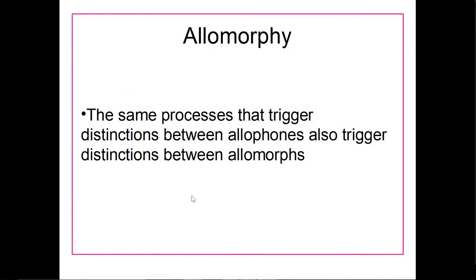So allomorphy is when, just like when we have allophones, those processes that trigger the distinctions between two different sounds that are next to each other also trigger differences between two different morphemes. So this is something we'll see more next week when we start looking at these morphemes, these little bits of meaning. But for now, basically that's what I have for you this week.